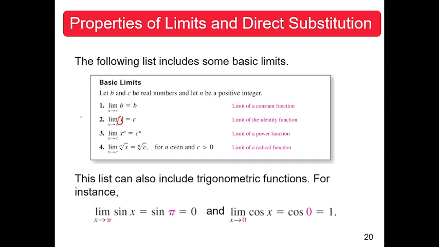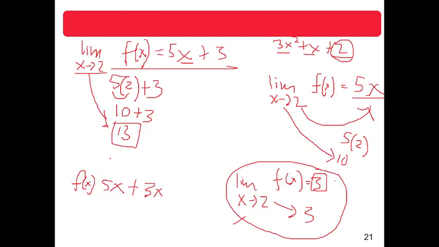If the limit is something like the limit of your function as y approaches 2, then you just look for the values of y and substitute whatever specific number the limit is approaching. Okay po? So this is what we call the identity function. What we did a while ago was substituting the value of x into your 5x.